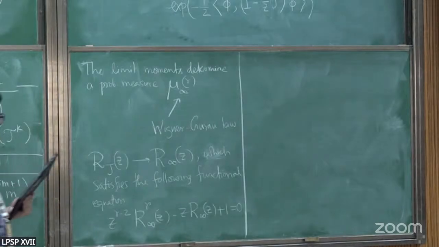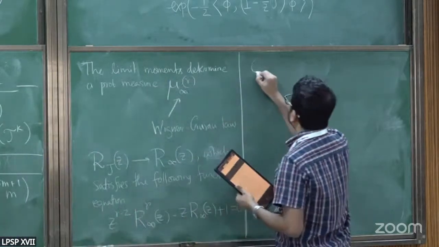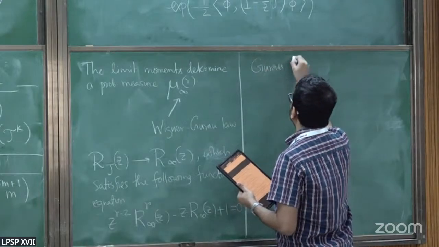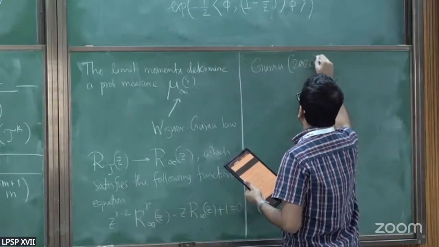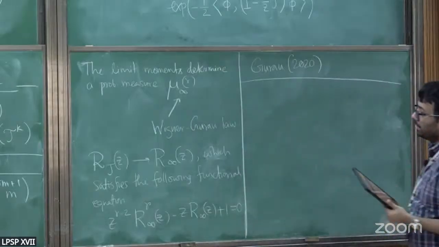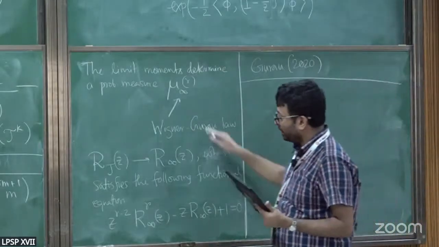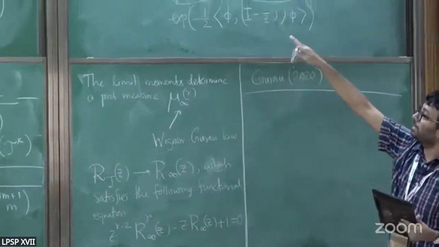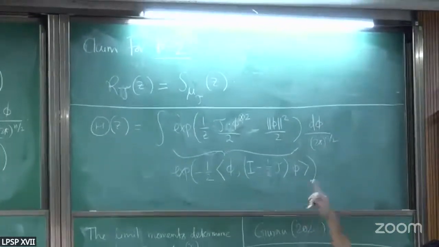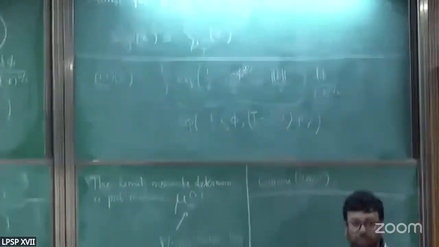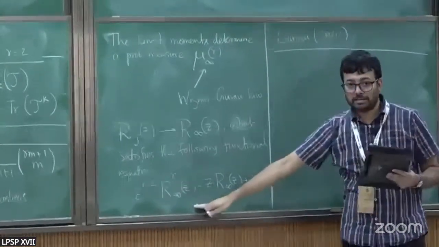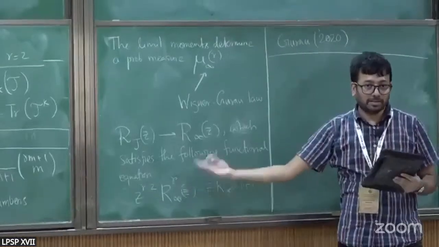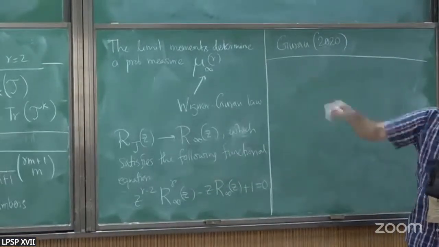So all of this was done in a paper of Gurau in 2020, mainly via an analytic machinery. Gurau actually showed that that transform converges to some limit object which satisfies this functional equation, and from here you can recover the limit description.